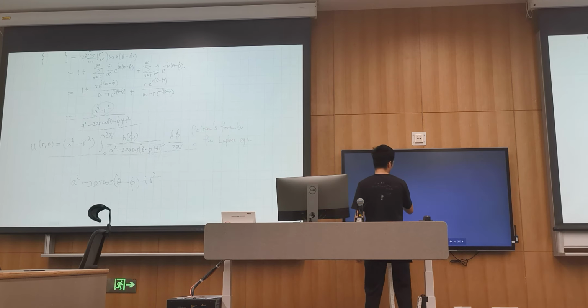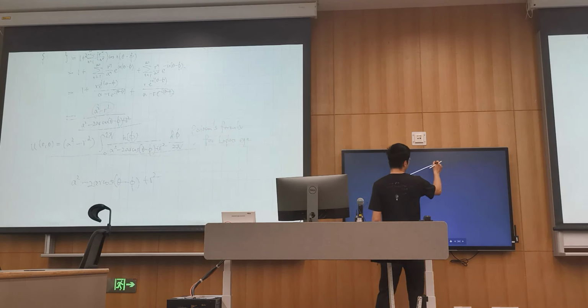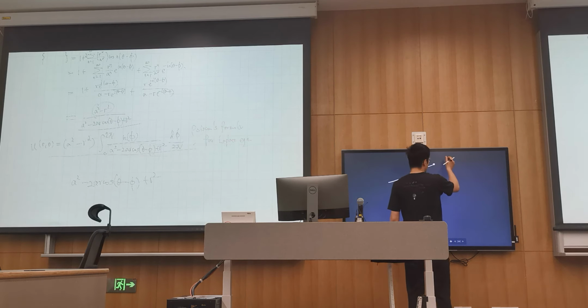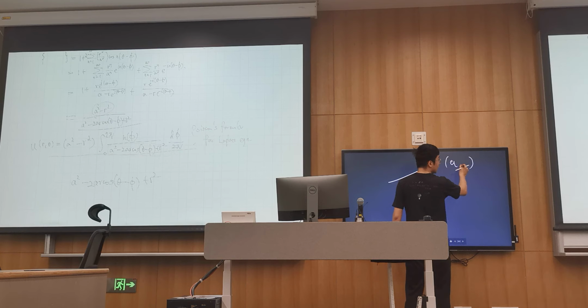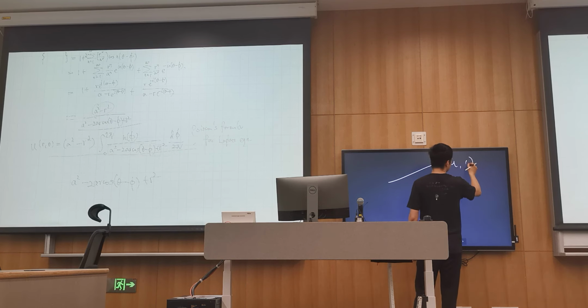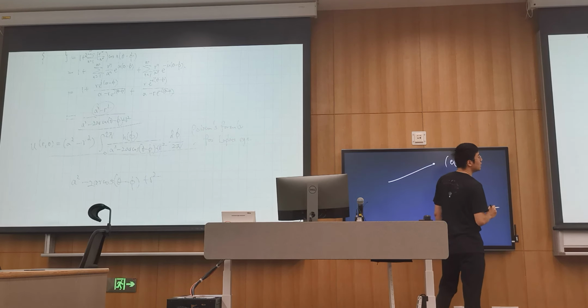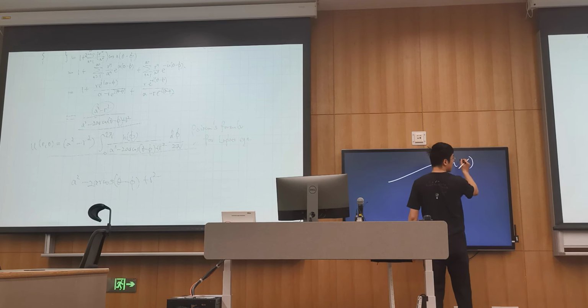So you see, we're actually looking into two different points. One point has a polar coordinate of a, phi.